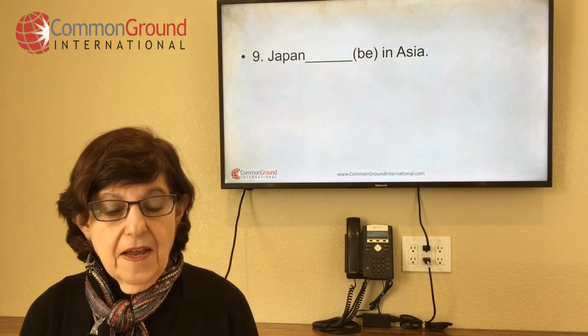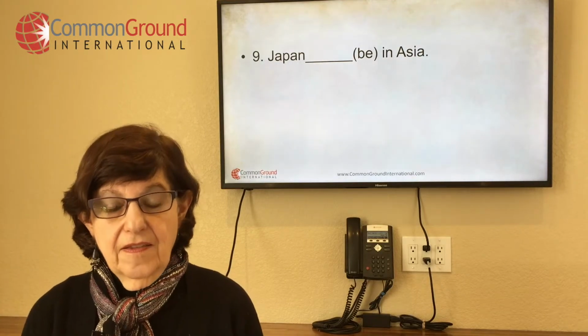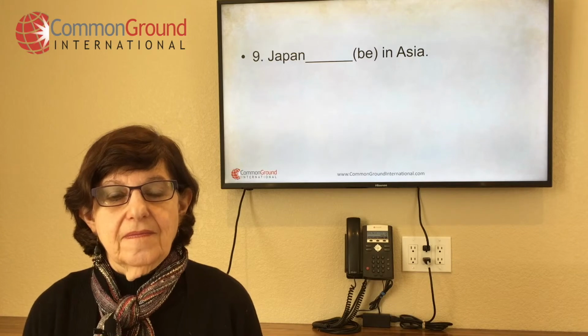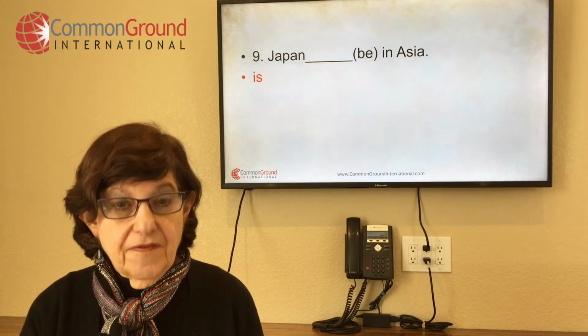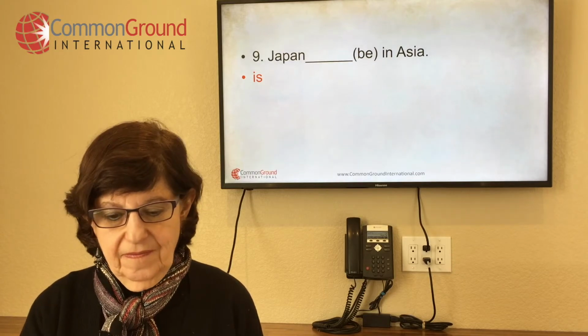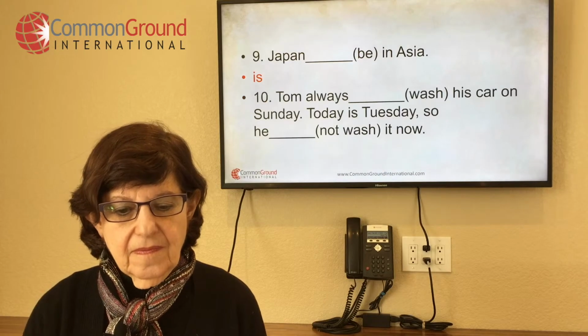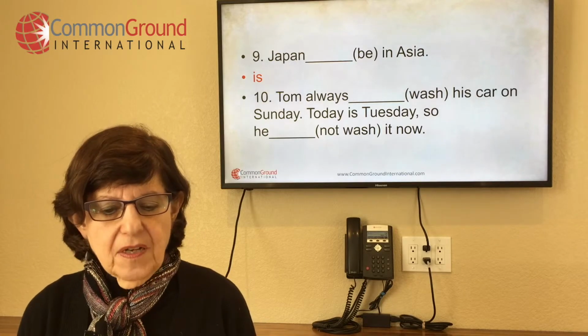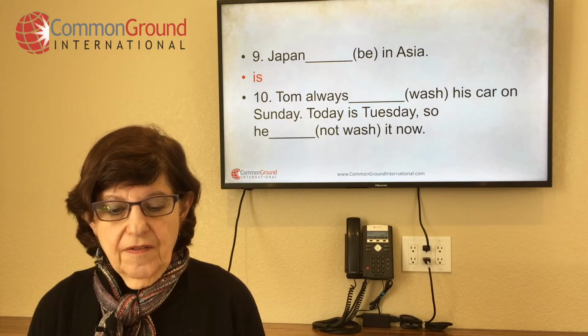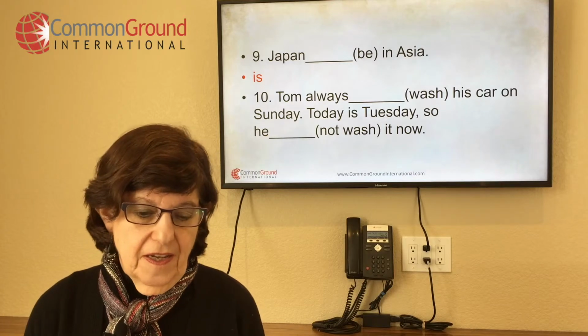Number 9, Japan, verb be, in Asia. Japan is in Asia. It's a be verb, it's also information. Okay, this is a tricky one. There's 2 of them.